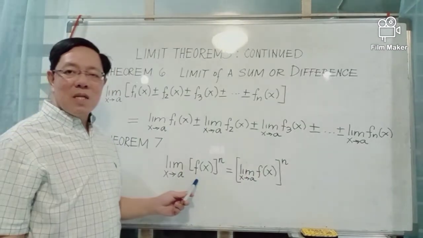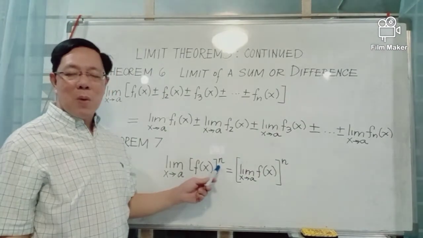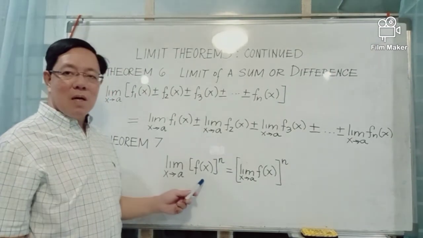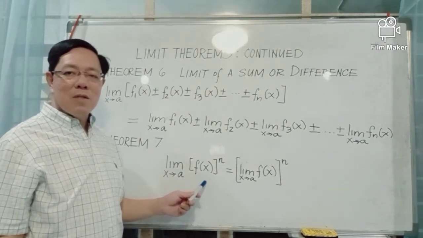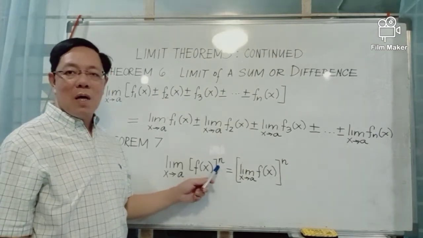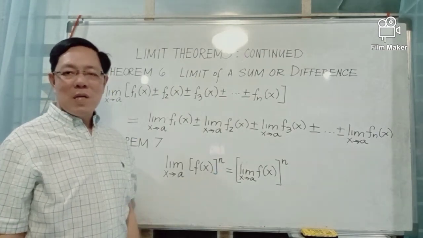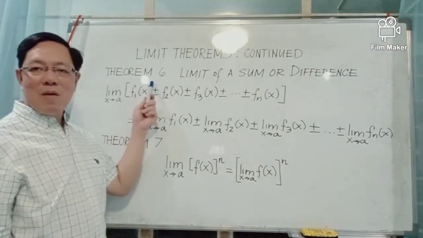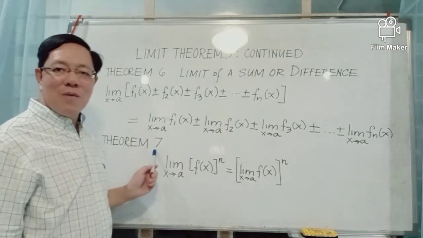So to evaluate the limit of a function raised to an exponent means that you get the limit of the function f of x and you raise that limit to the exponent n. We now take an example for applying limit theorems 6 and 7.